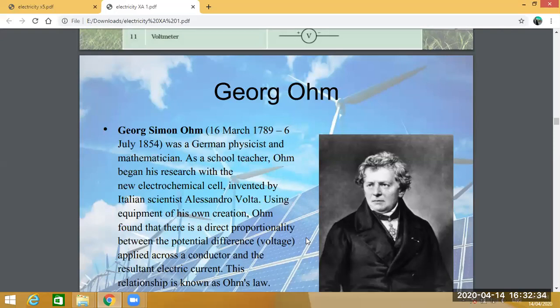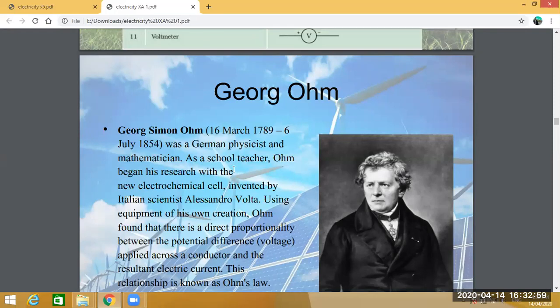Because Benjamin Franklin had discovered electric charge and current flowing for a moment in the clouds, during that period most scientists started researching electric current and electric potential and so on.